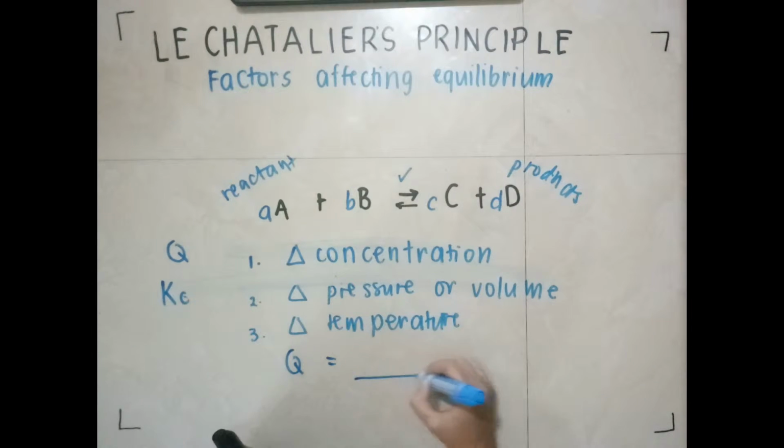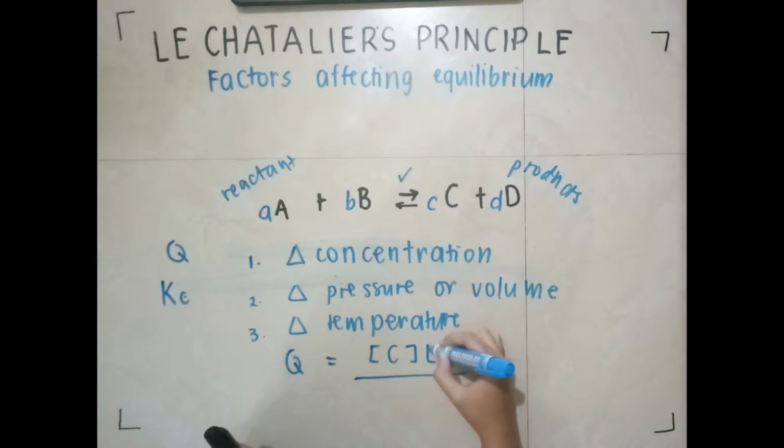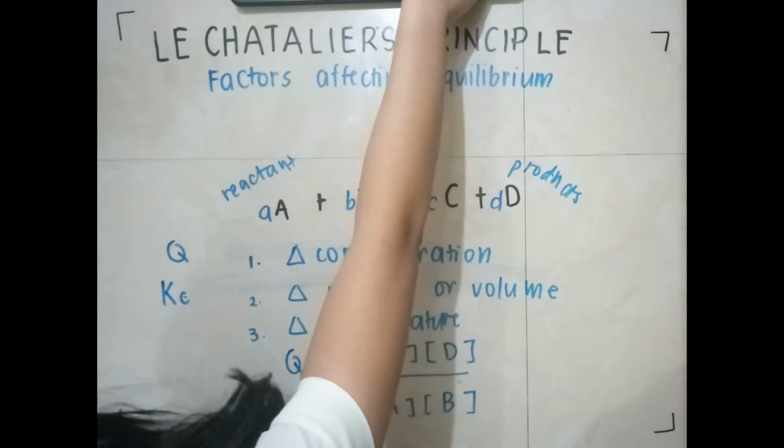Q is equal to the concentration of C times the concentration of D, all over the concentration of A multiplied by the concentration of B. The stress due to the added substance is relieved by shifting the reaction in the direction that consumes the added substance, moving Q back to Kc.